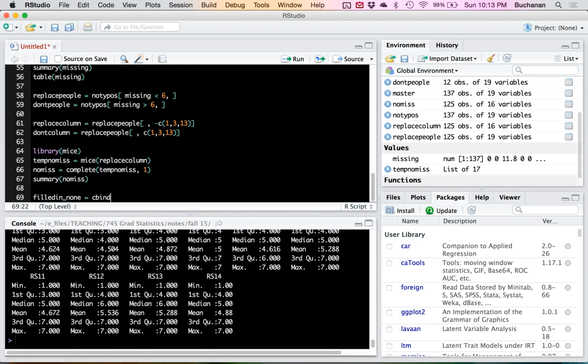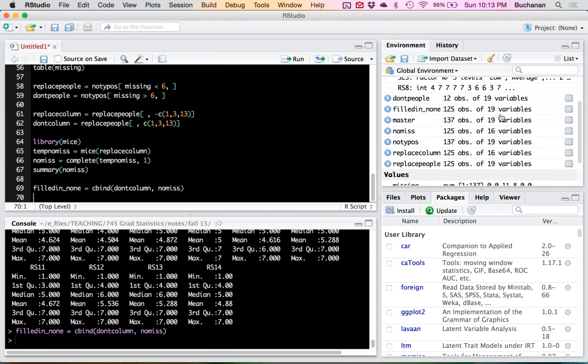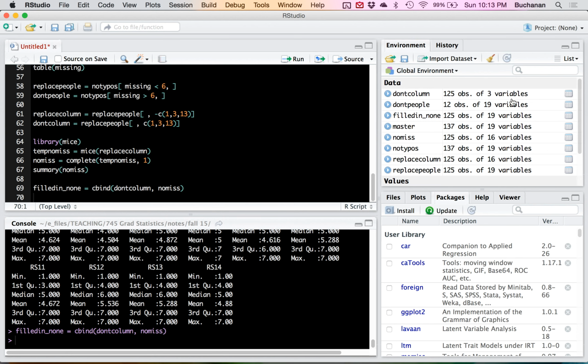So I'm going to cbind those together. I'm going to do don't column, and I'll combine that with my no miss data set. My filled in none data set now has 19 variables, so I added the 16 variables to the 3 variables I had here.